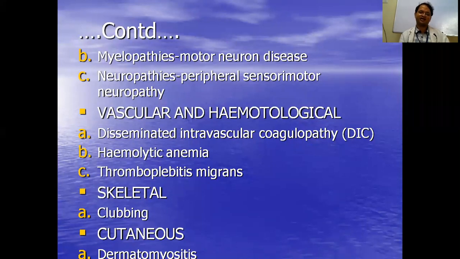Skeletal changes like clubbing, grade 3 and grade 4 clubbing are very common in the patients suffering with carcinoma lung. Cutaneous manifestations like dermatomyositis can occur.